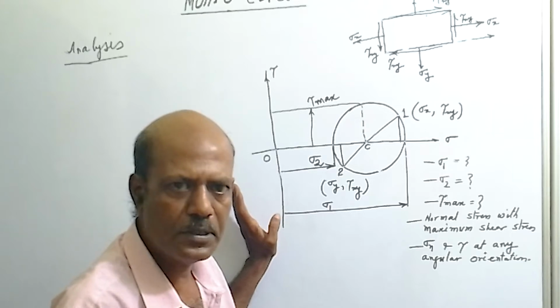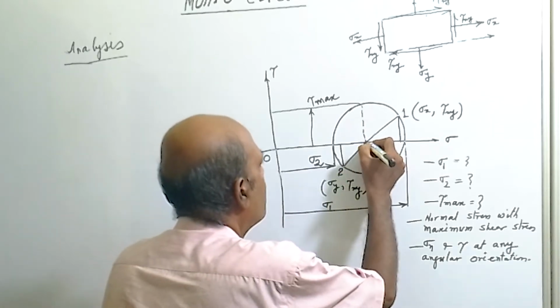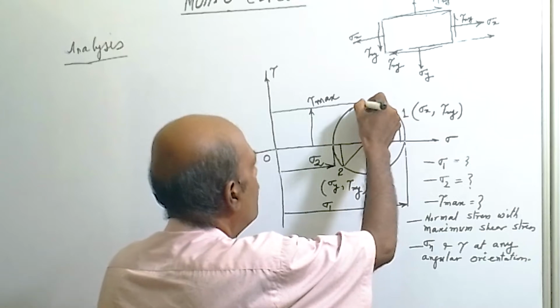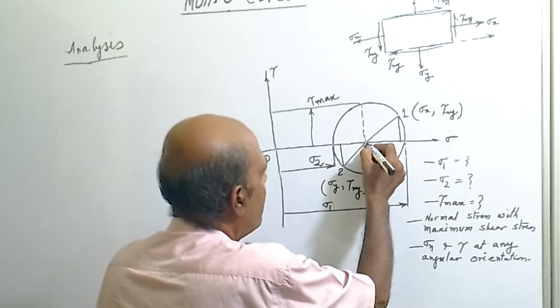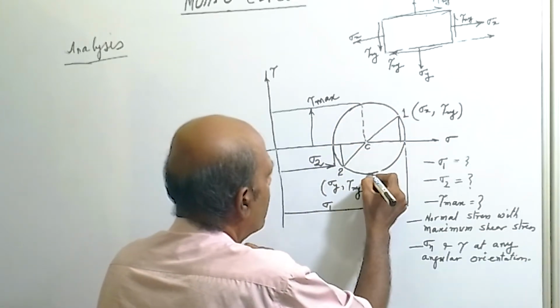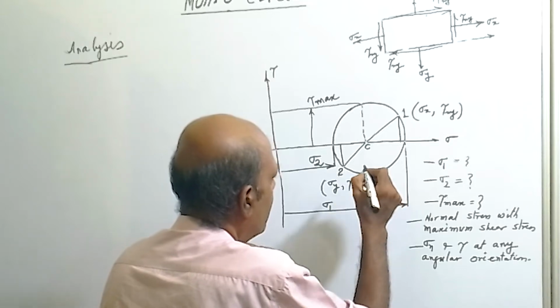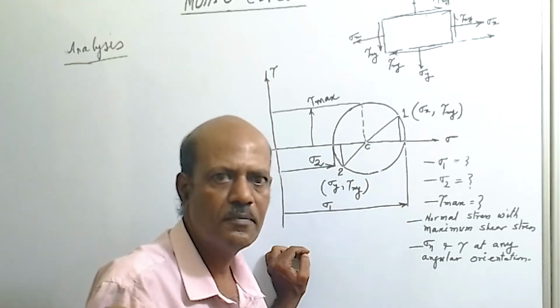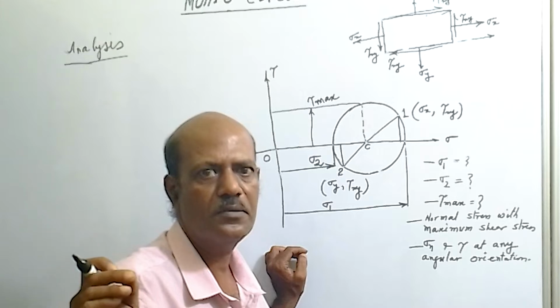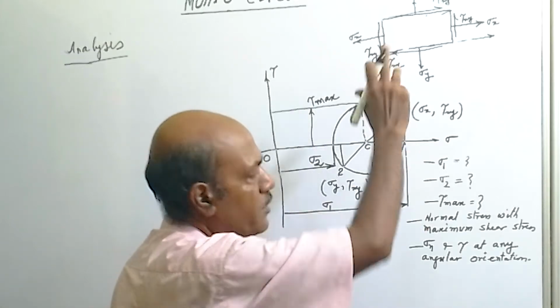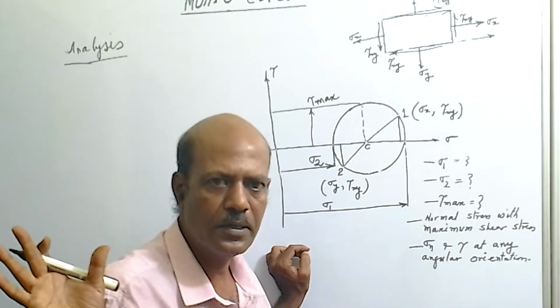And also we have discussed that from here to here, so the point which is just above the center of Mohr circle or below the center of Mohr circle indicates the maximum shear stress which can occur under this condition of loading.